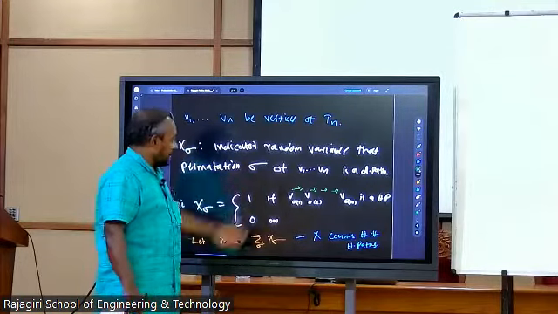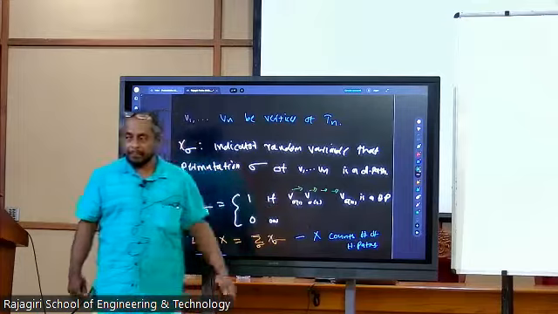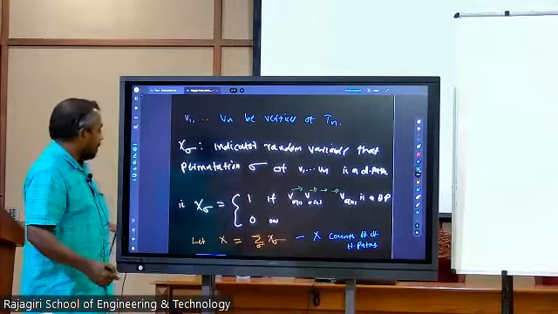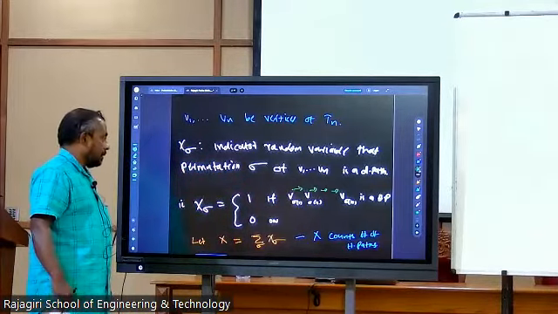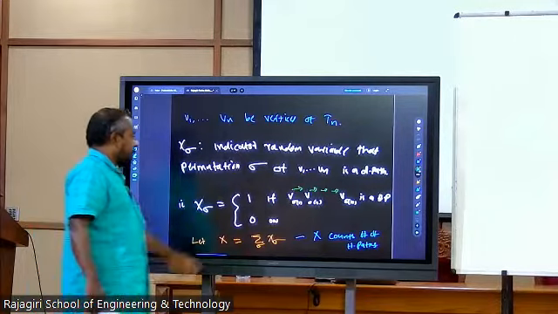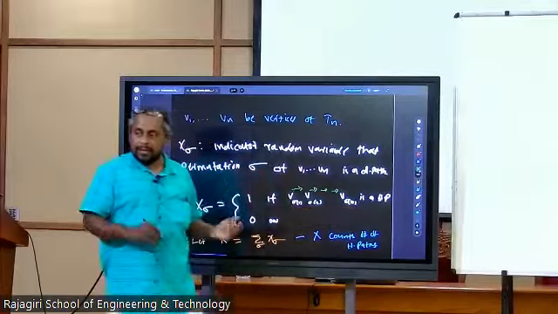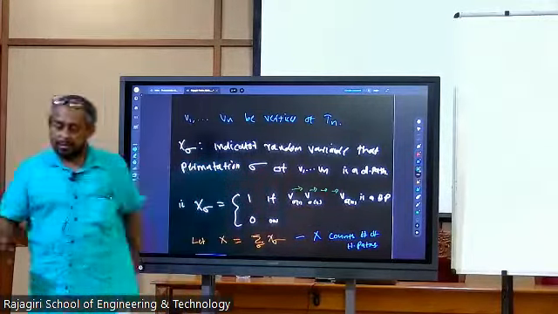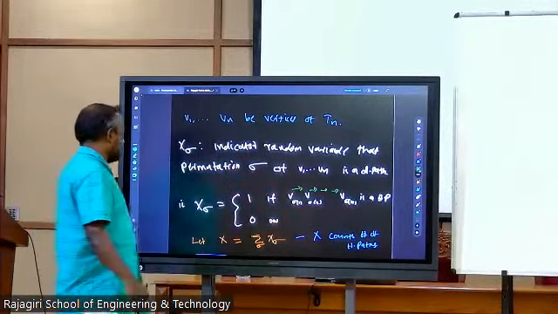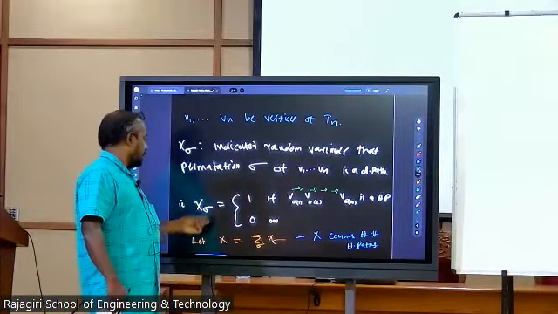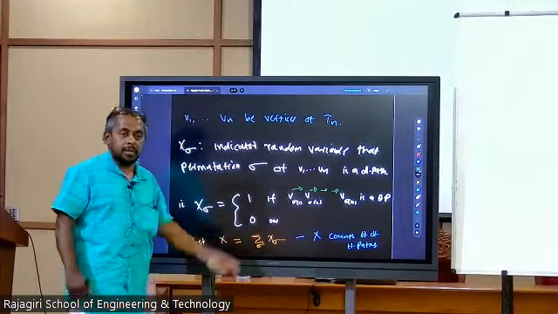So what is the probability of this happening? What is the probability that v sigma 1 to v sigma n defines this Hamiltonian directed path? Can somebody tell me the probability of X sigma?